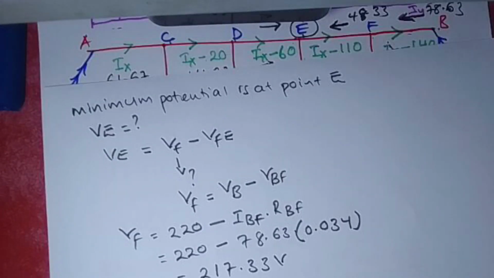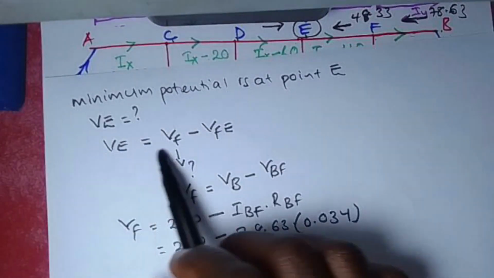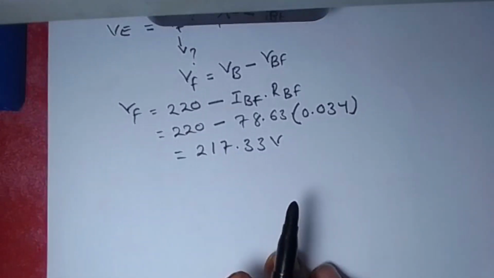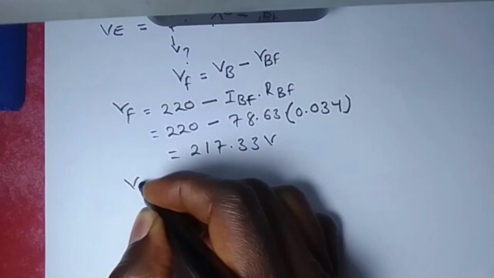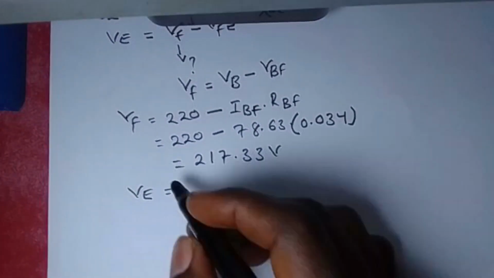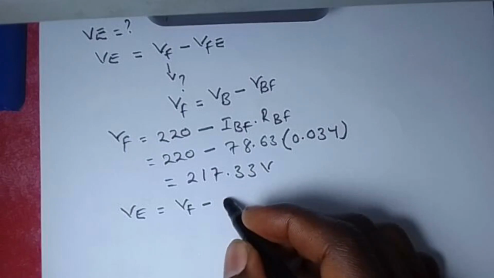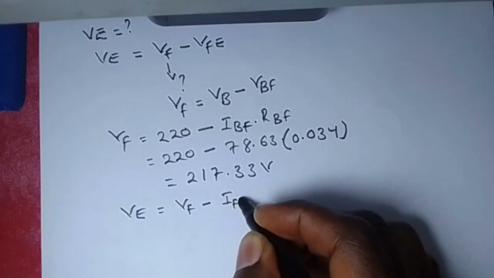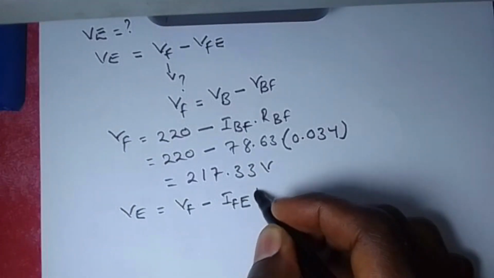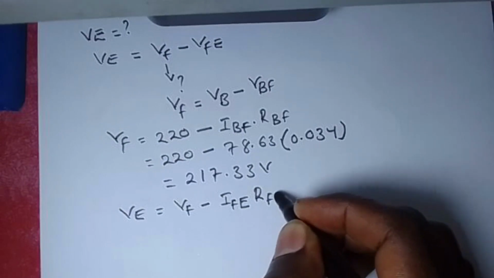So you need to get also voltage at E from what we had written down. The voltage at point E is equal to VF minus the voltage drop between F and E, which is IFE times the resistance across that section, RFE.